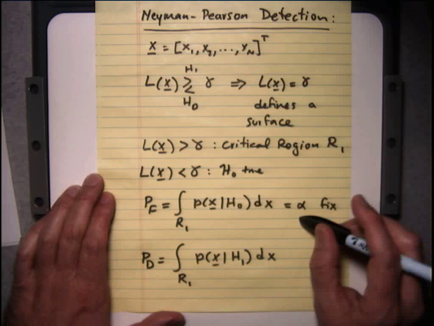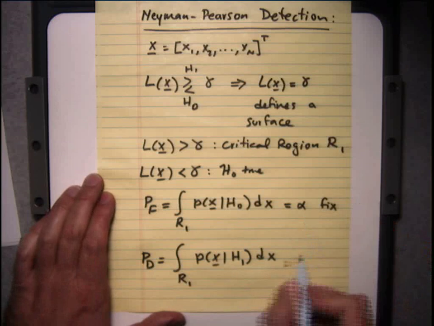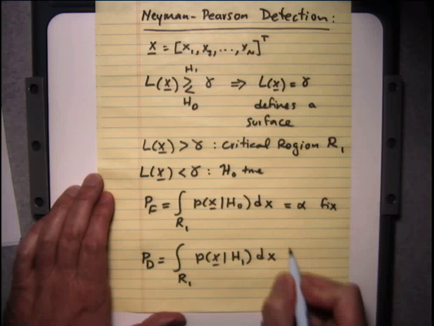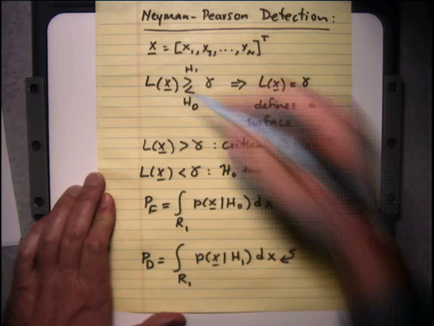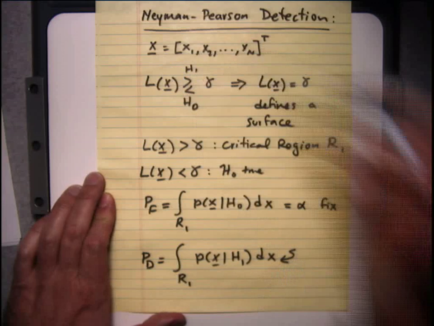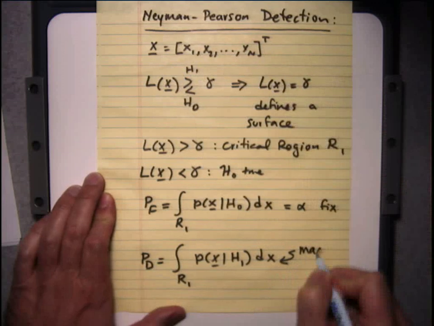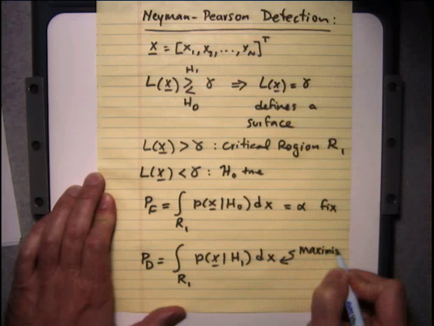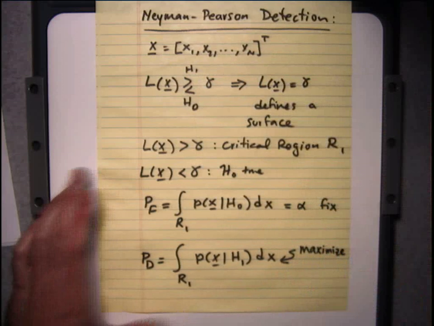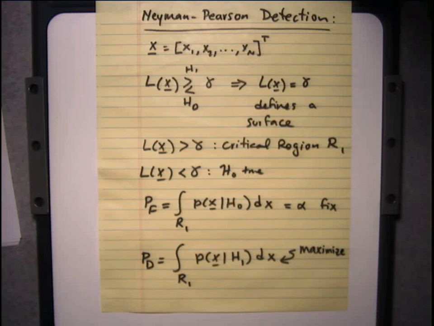Now, given this fixed alpha, which might be some small number, you want to come up with a rule defined by L of x that will maximize the probability of detecting an event, for example, a real fire. So this is the setup for the problem.